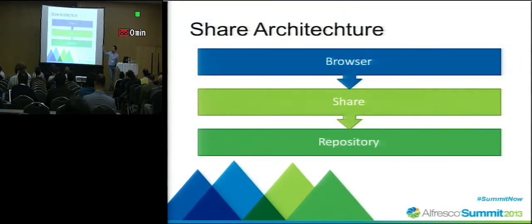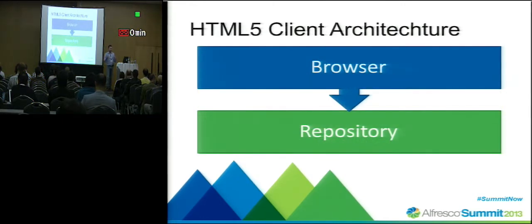You know how Share works, so I don't need to explain to you. We have a browser, we have Share, and we have the Alfresco repository. Share basically is a RESTful stateless client which connects to Alfresco. So our browser is also a RESTful stateless client which could connect to Alfresco. So I try to simplify the architecture and see what could be done.